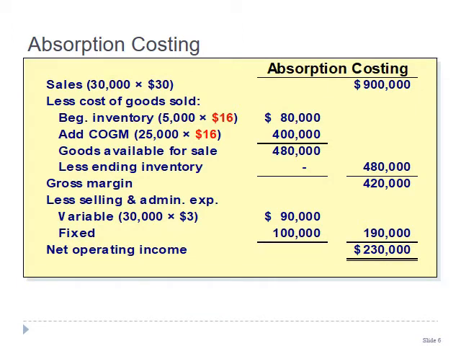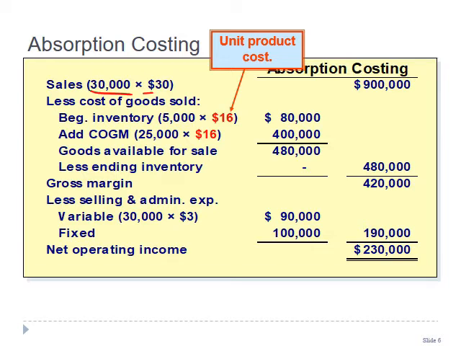So the net operating income under absorption costing. In year 2, the company has sold 30,000 units, and 30 is the price, so 900,000 is your sales. From the last year, the beginning inventory is 5,000, multiplied by the unit product cost under absorption costing, 16 times 5,000 units, 80,000 is here.